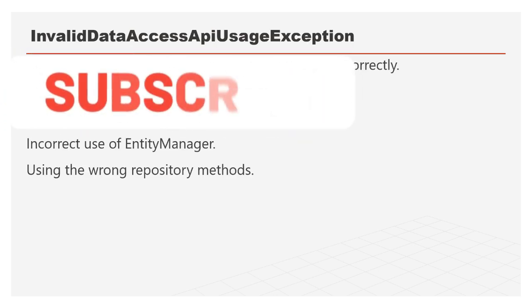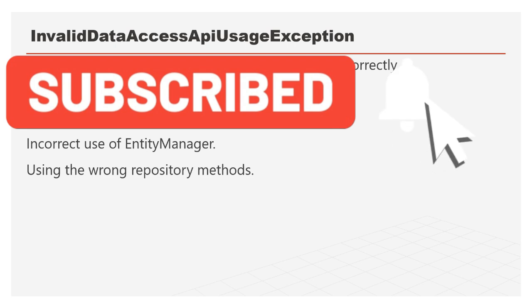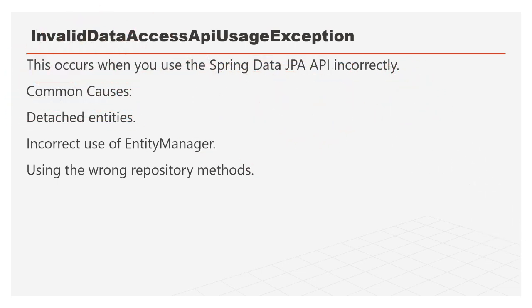Invalid data access API usage exception. This occurs when you are using Spring Data JPA incorrectly, that is, the API you are dealing with is used incorrectly. You may have a detached entity, where you are dealing with objects in a transaction and you have detached that particular entity, or you are making use of the entity manager in the incorrect way, or calling the wrong repository methods when you were supposed to use some other methods.